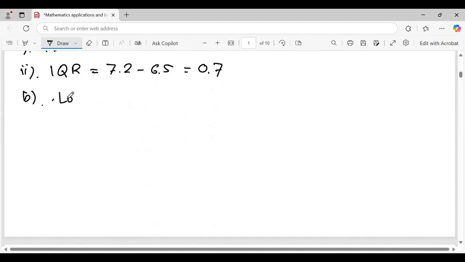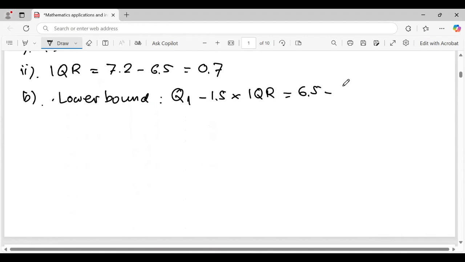First, the lower bound is Q1 minus 1.5 times IQR, and it is 6.5 minus 1.5 times 0.7. If you calculate, the result is 5.45, because 6.5 minus 1.05 is 5.45.